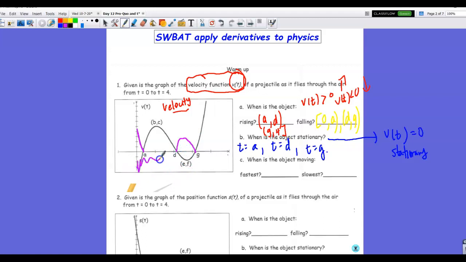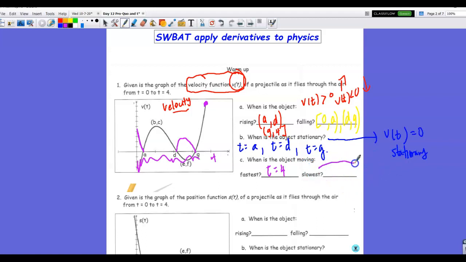So if I ignore everything down here, then the object moving fastest looks like it's out here at t equal to 4. That one's pretty obvious if this is t equal to 4. So the object is fastest at t equal to 4 because it asked me when is the object the fastest. Now think about moving slower.